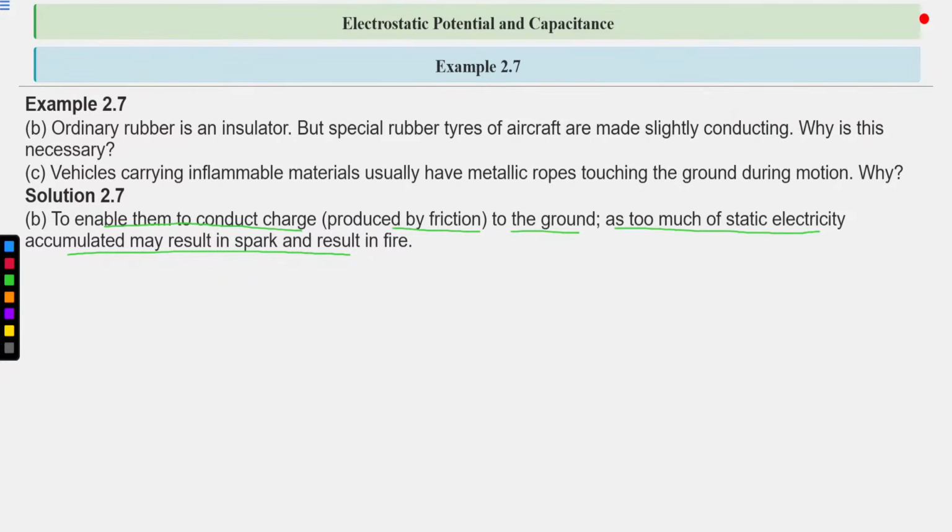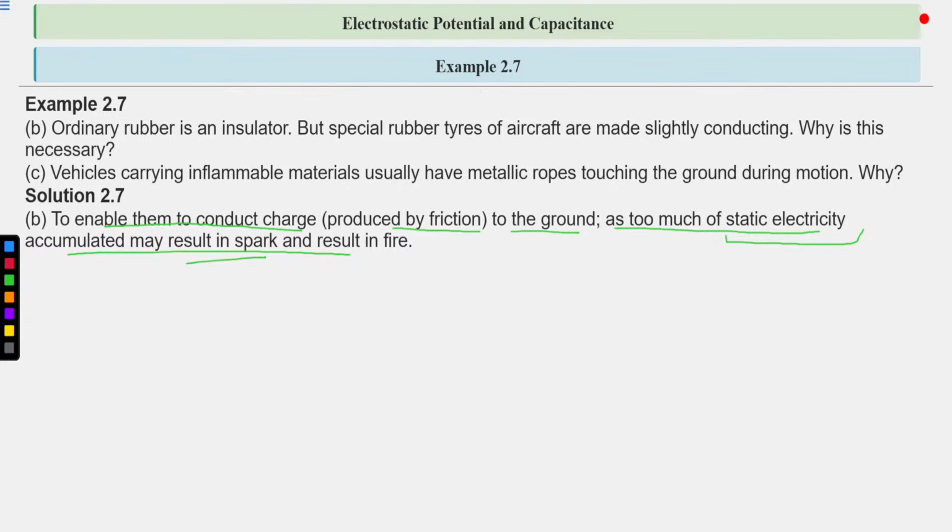Due to friction, there may be charge induction. There will be charge accumulation. Static electricity means static charges start accumulating on the tire. So a large amount of static electricity can result in spark production and results in fire.